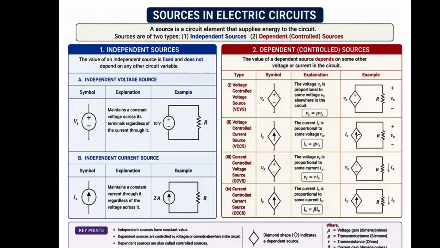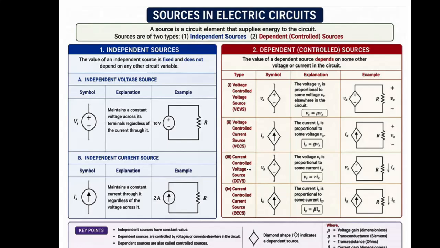Now, the current source depends on the voltage across the resistor in the circuit. We define the voltage controlled current source as a current Ix proportional to some voltage Vx in the circuit. So the equation for this voltage controlled current source is Ix equal to G into Vx, where G is the transconductance. Its unit is Siemens.